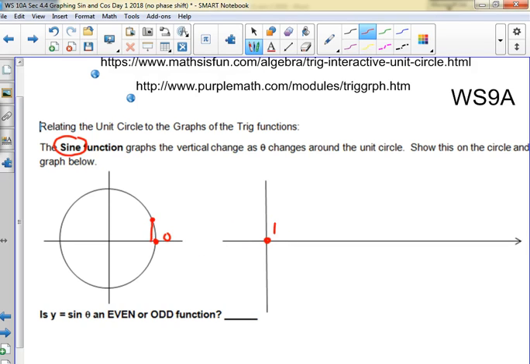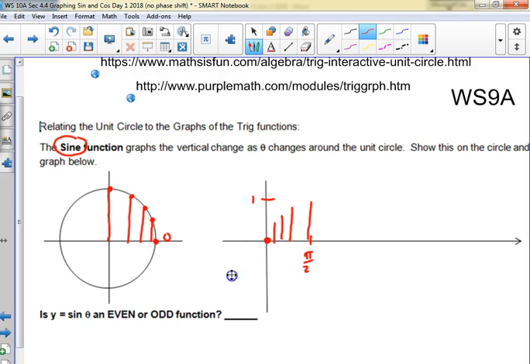So it's like this. And then if I go up a little bit more to pi over 4, the y value gets a little taller, yes? And if I go up a little bit more to pi over 3, the y value gets a little bit taller. And then if I go all the way around to here, what's the y value up to? Okay, so at pi over 2, the y value is all the way up to 1, yes?